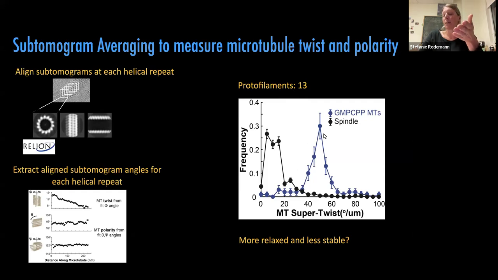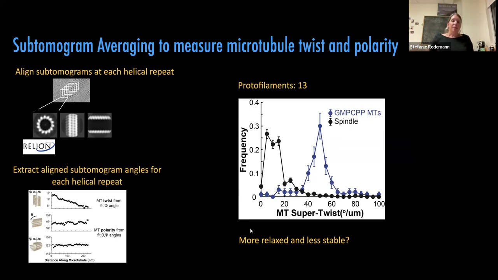You can compare this with in vitro assembled microtubules, which in this case are, for example, GMPCPP, so stabilized microtubules. And what we can see is that if you analyze the twist of microtubules, the GMPCPP microtubules are much more twisted than the microtubules in the spindle, right? Suggesting that maybe microtubules in the spindle might be more relaxed and less stable.